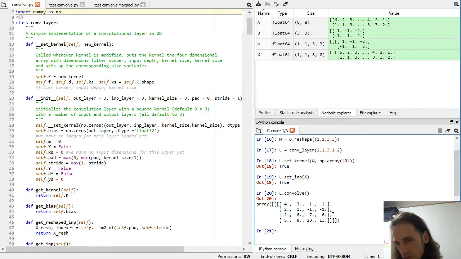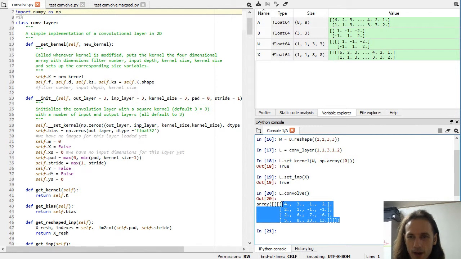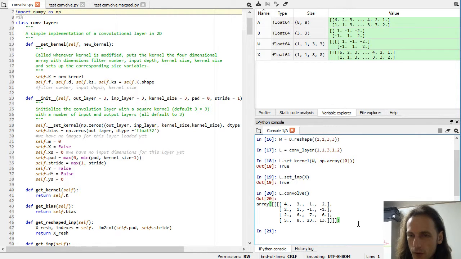So basically because of the striding, this convolution got smaller.